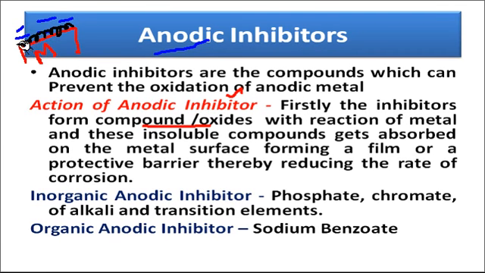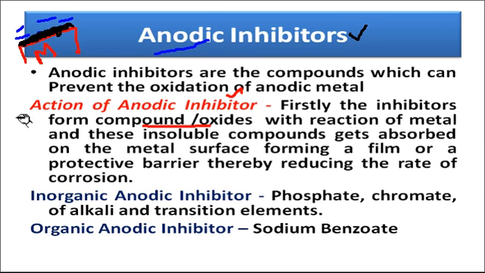So on the metal surface a protective layer of the oxide or the metallic compound is formed, and this protective layer prevents the further corrosion of the metal. So in which way do the anodic inhibitors react? Basically anodic inhibitors react with the metal, and with the reaction, metal oxides or their compounds are formed, and these oxides form the protective layer on the metallic surface.